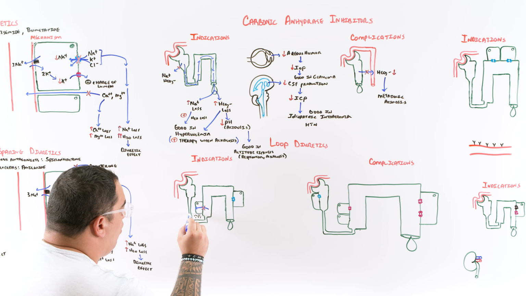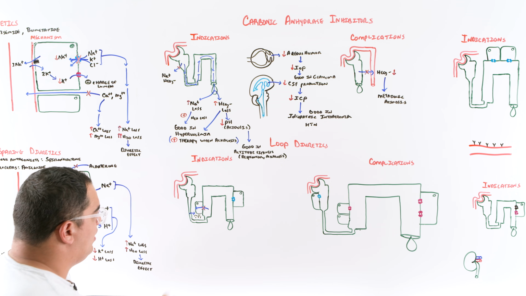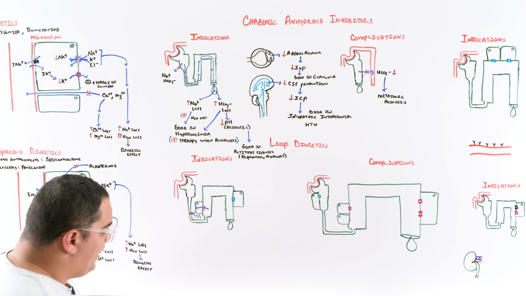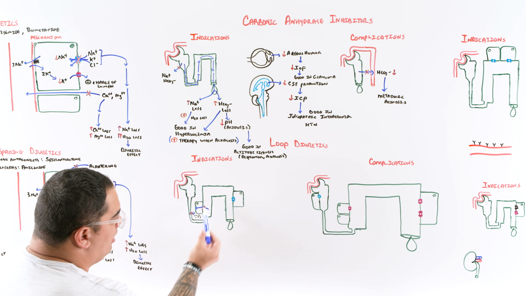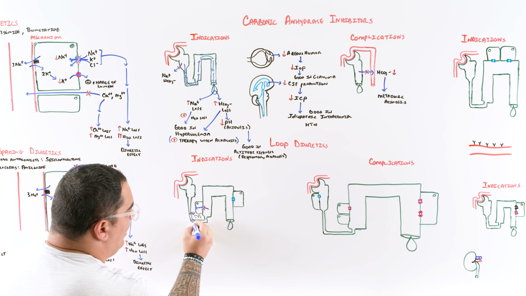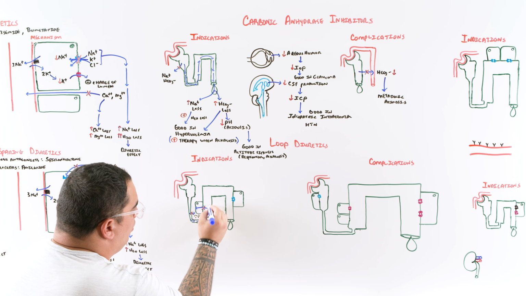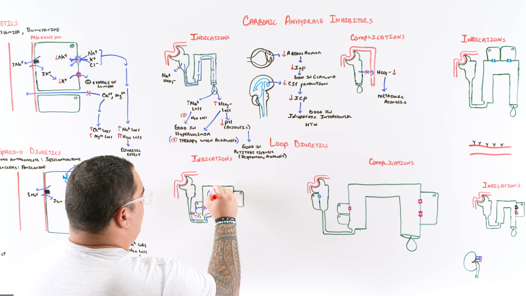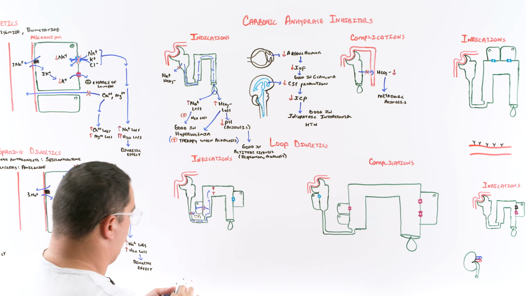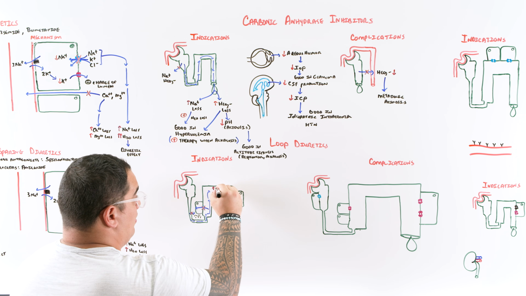That means less water is going to get reabsorbed. What that essentially means is if I don't reabsorb water here and I don't reabsorb sodium here, then what ends up kind of after this point reaching it is I'm going to have lots of sodium and lots of water that I just did not reabsorb.